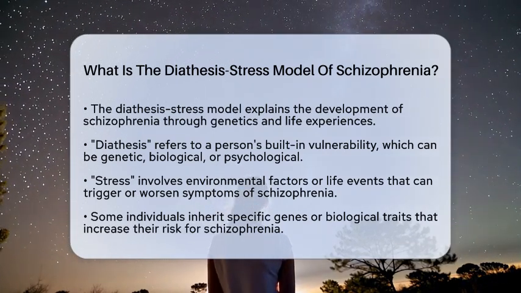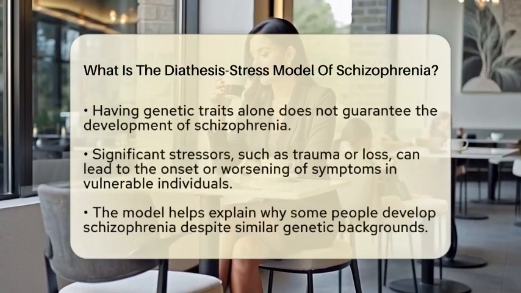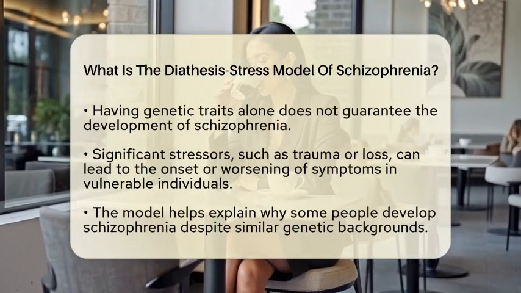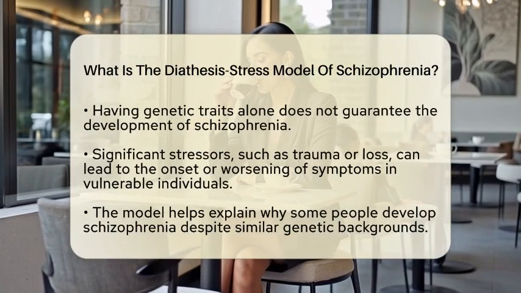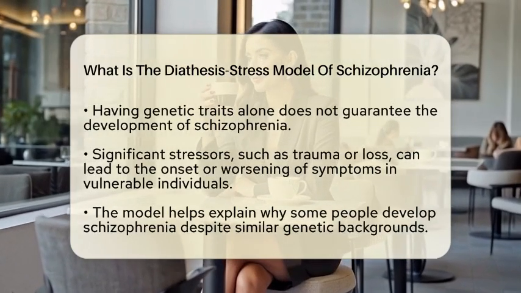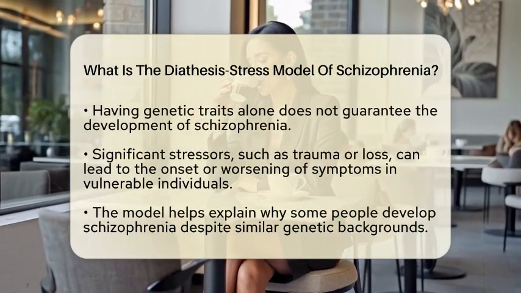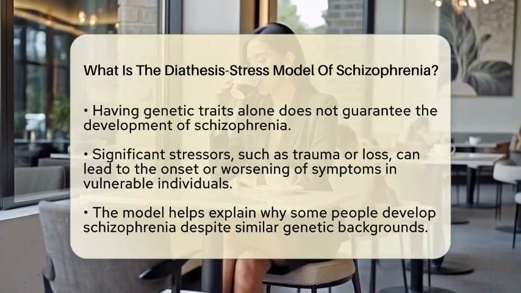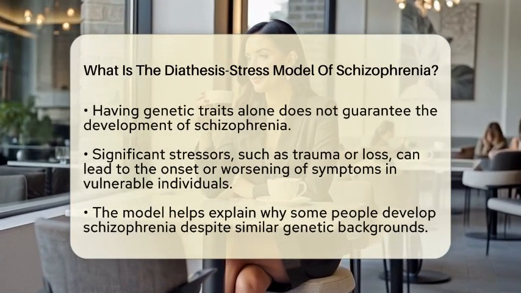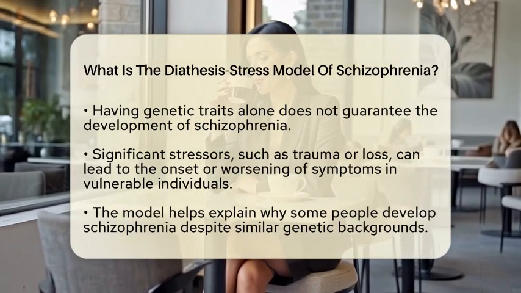For schizophrenia, the model suggests that some individuals may inherit specific genes or possess biological traits that increase their likelihood of developing the disorder. However, just having these traits does not mean a person will definitely develop schizophrenia. Instead, when someone with this vulnerability faces significant stress, like trauma, loss, or ongoing difficulties, the combination can lead to the onset or worsening of symptoms.